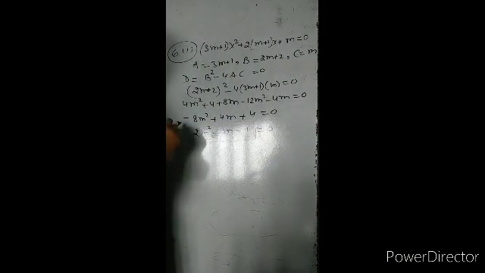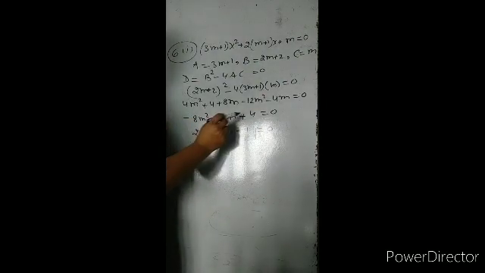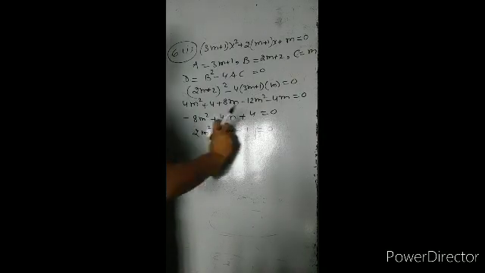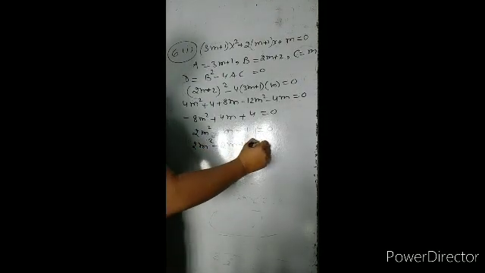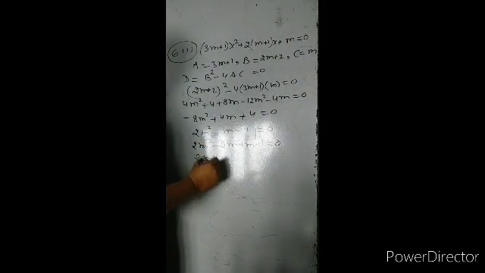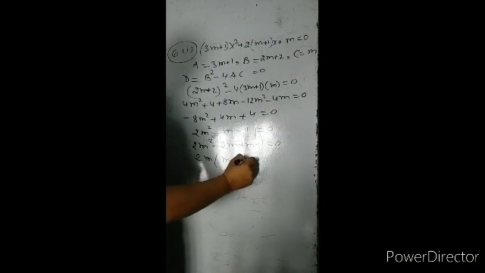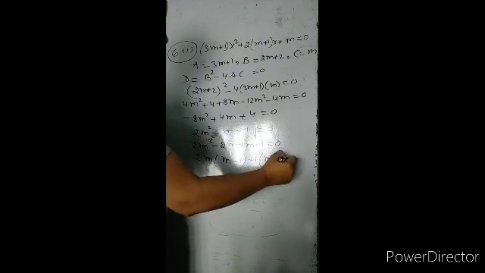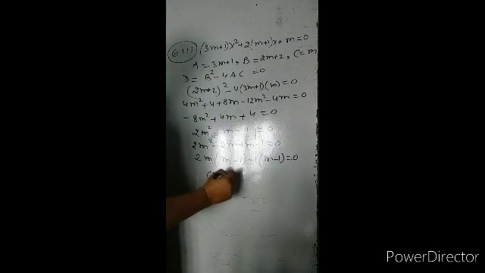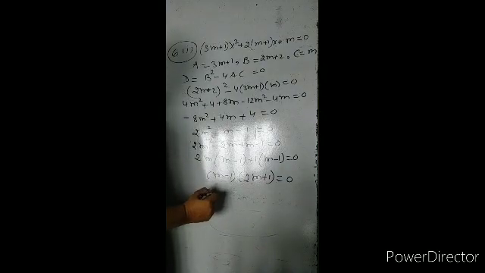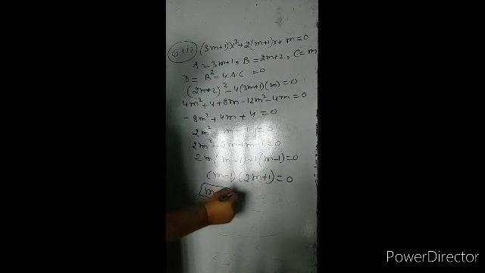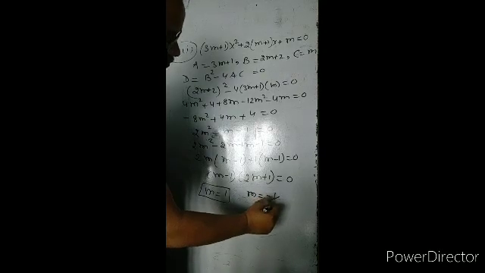For the middle term, we can write 2m square minus 2m plus m minus 1 is 0. So 2m is common, m minus 1 plus 1 is common, m minus 1. You have done this in class 9. So (m minus 1)(2m plus 1) is equal to 0, so m is equal to 1 and m is equal to minus 1 by 2.